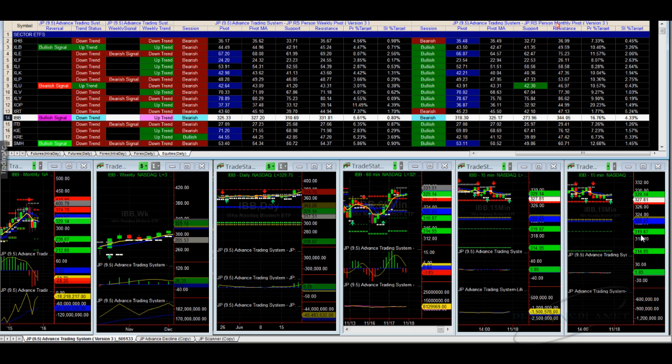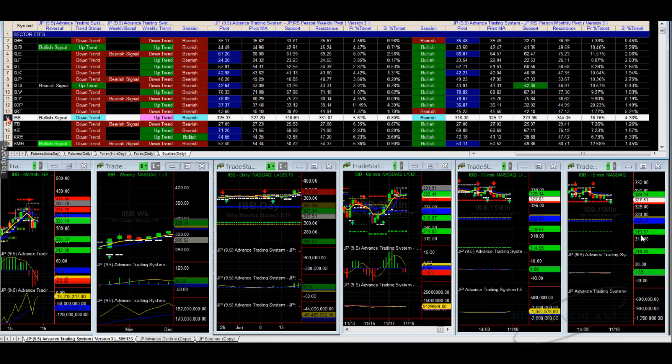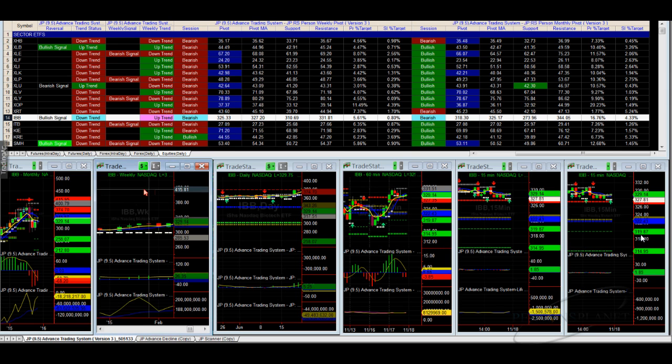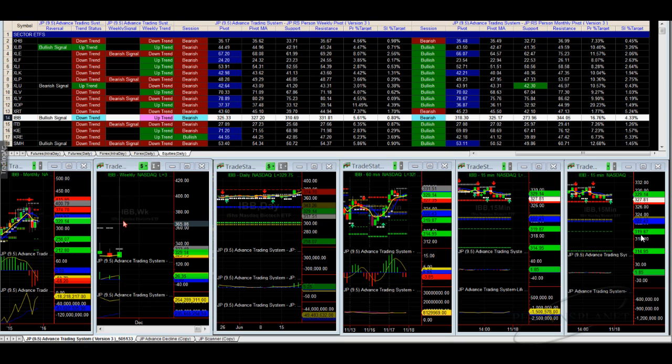If I scroll over to this column, you'll notice that it says monthly pivots. What's really cool about this is I can say, well, if we go up to monthly pivot resistance in the IBB, where are we in relationship to its targeted pivot point support and resistance for the month? And ironically, monthly pivot resistance is 344, support's way the heck down there at 273.